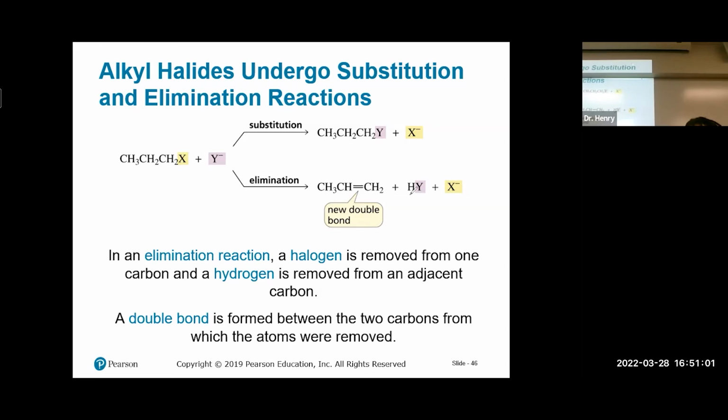In the case of an elimination reaction, all you're doing is removing that halogen from the carbon, and you're also removing a hydrogen. So you end up with your ion and a hydrohalide.